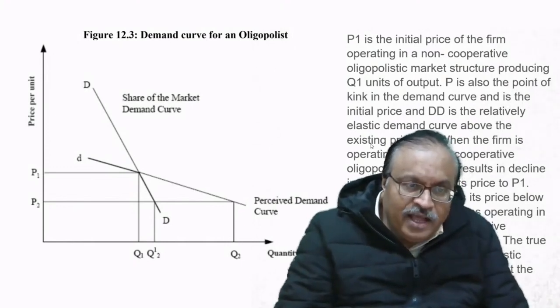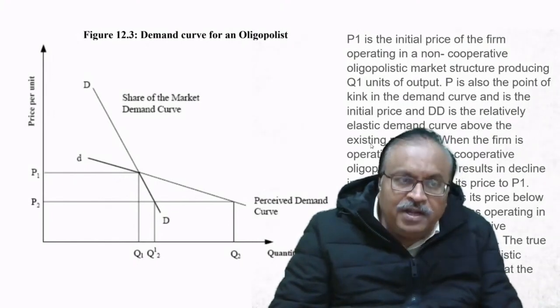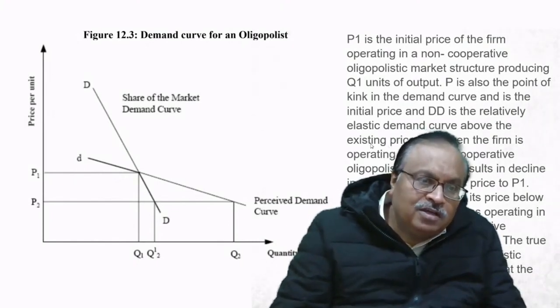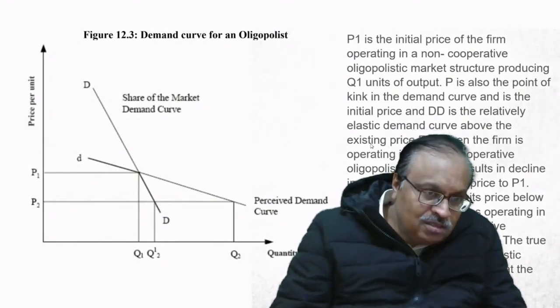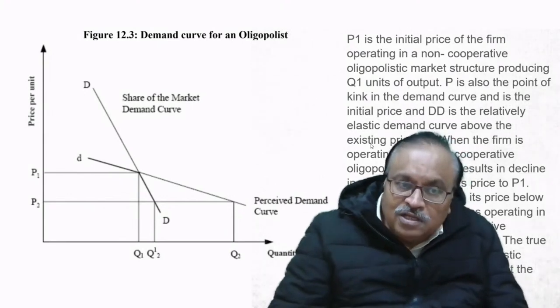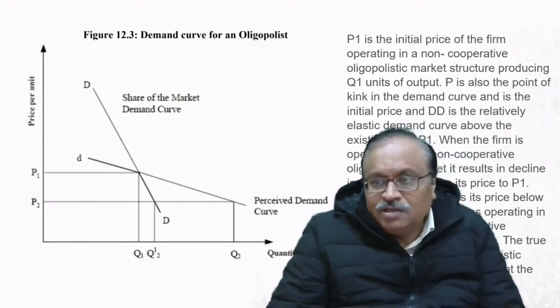But what exactly happens is that at the level of price P1, the demand bends leftwards and moves to the small dd area. This turning of demand at the level of price P1 is the kinked demand curve. So the demand gets twisted.